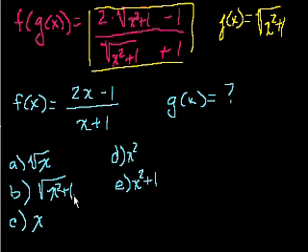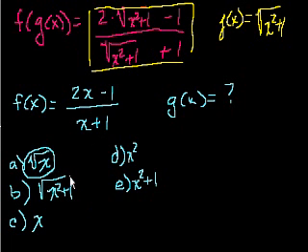And the way you would do this problem, if you didn't use the method we just saw, is to take each of these and ask, if you replaced x with this term everywhere, what do you get? With the square root of x, you'd get 2 times the square root of x minus 1 over the square root of x plus 1, and that's not what we have up here.